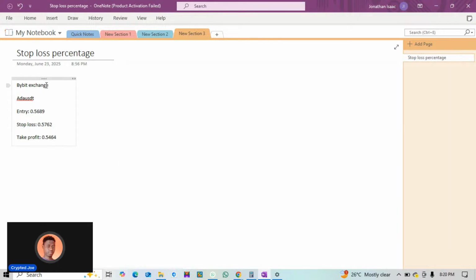So if you are being given this signal, I want to know how you would work with something like this. If you have been given this as a signal, how will you place it on your Bybit, because the instructions say Bybit exchange, and price varies between exchanges.